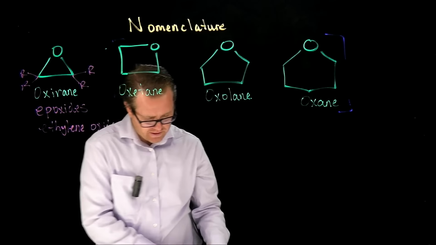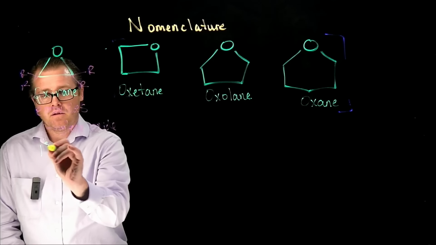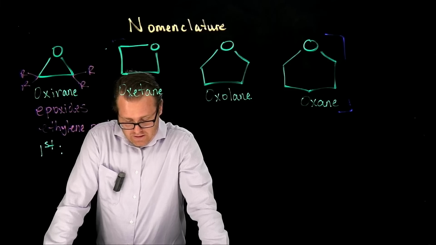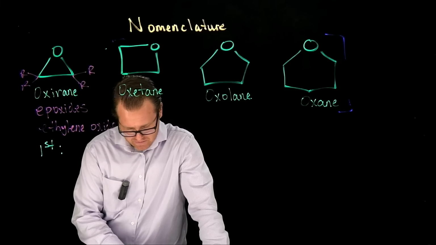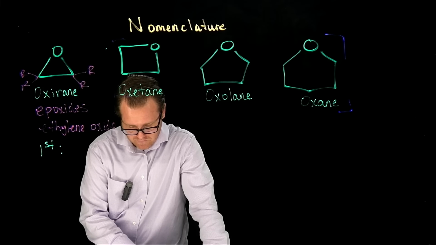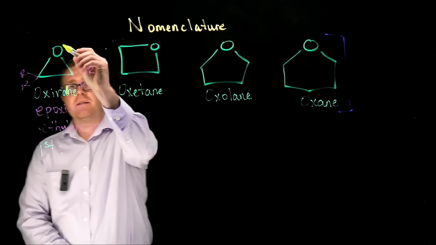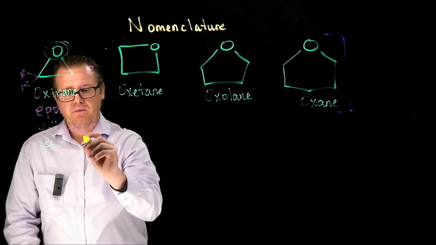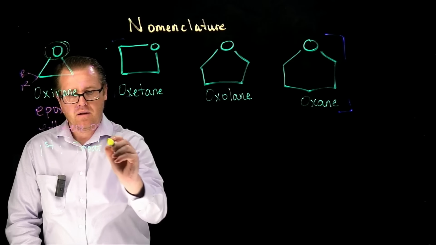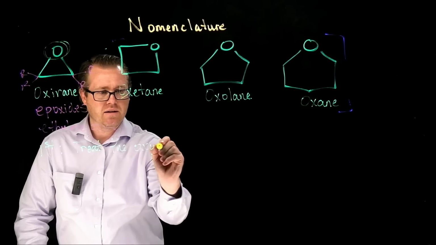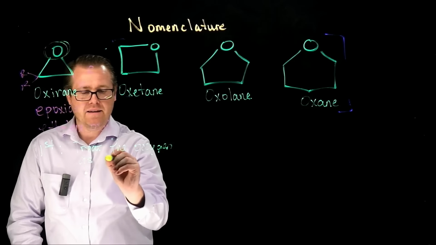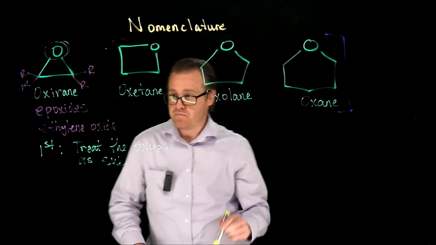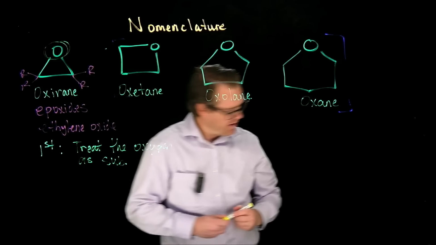Our first method is when we take a look at this oxygen right here, that's going to be a substituent. So we treat the oxygen as a substituent.